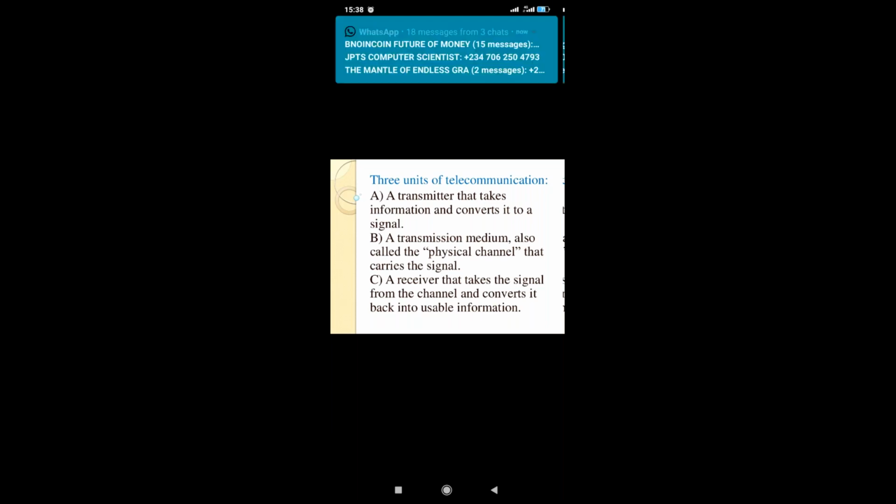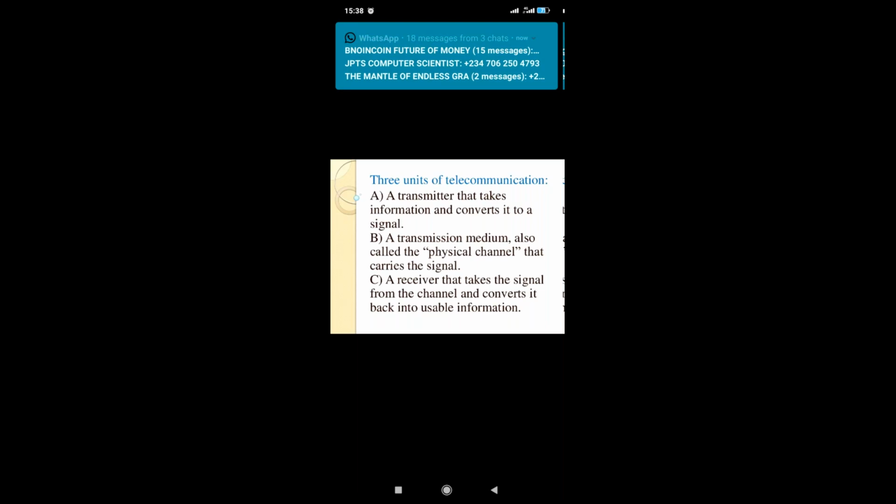Then the receiver takes the signal from the channel and converts it back to usable information, to whatever medium it was produced in. Please take note of that. These are regarded as the core of telecommunication.